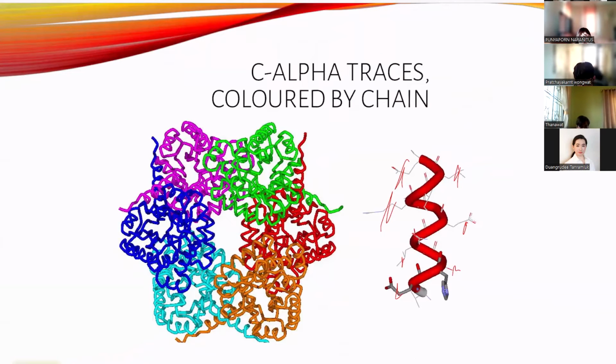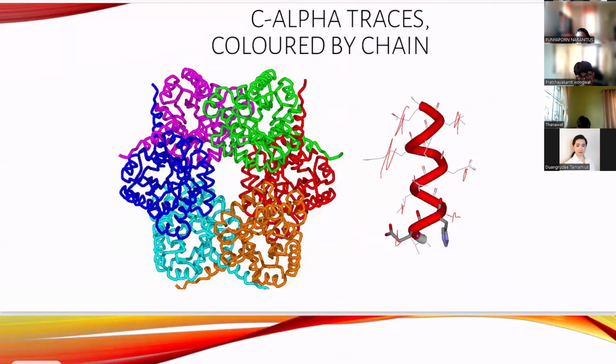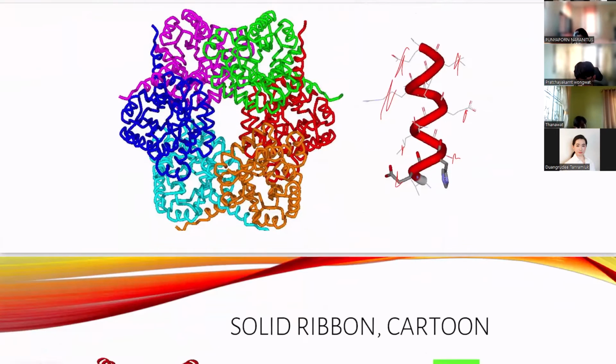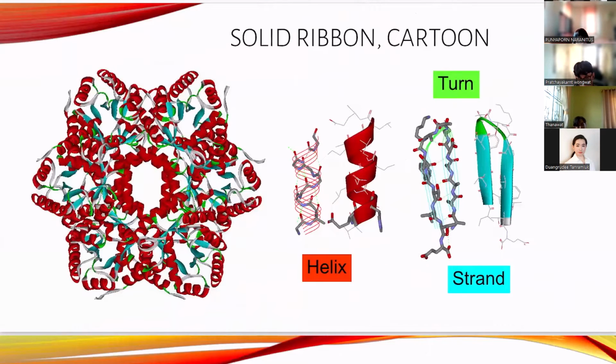And for solid ribbon, if you zoom in, you can see that the way they draw it is by thickening the lines of the peptide bond and making it thicker. And then they omit the side chain as well, and it will become the structure on the left-hand side. So if it's all the ribbon, like ribbon for helix and ribbon for sheets, and then it has green colors for turn. So this one is called the cartoon or solid ribbon.